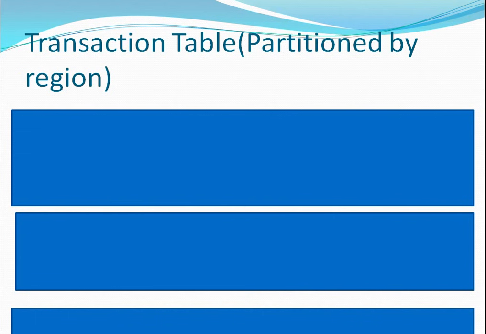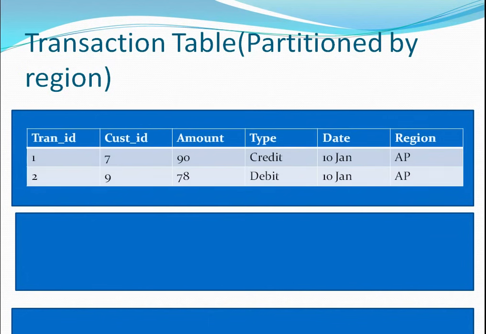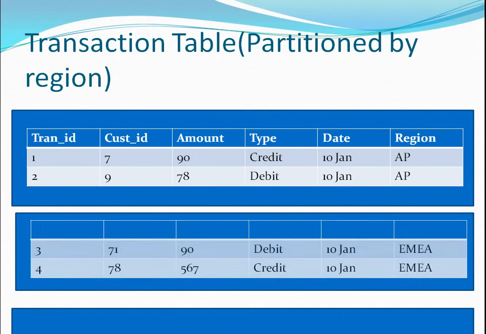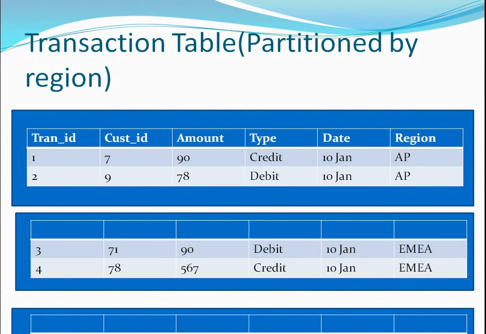And what does that mean? This means on my database, on my storage, on my disk, I will have the data corresponding to Asia Pacific stored in a different area, EMEA in a different segment, and North America in a different segment. So there is a clear differentiation.